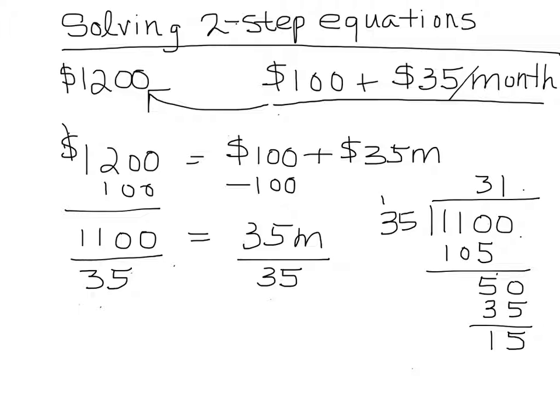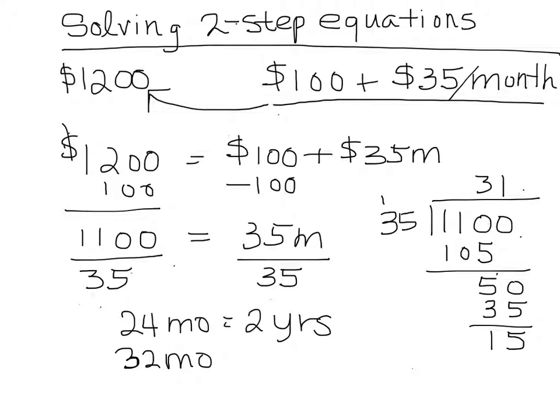What is 32 months? 24 months is equal to 2 years. So 32 months is equal to 2 years, 8 months. So 8 out of 12, so that's 2 years and 2/3.